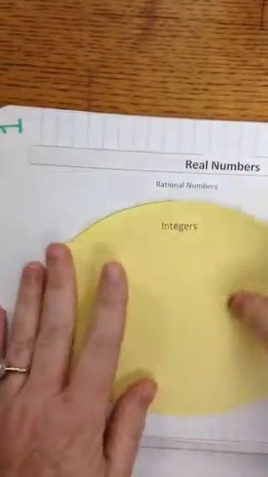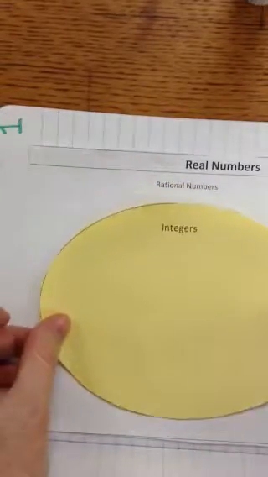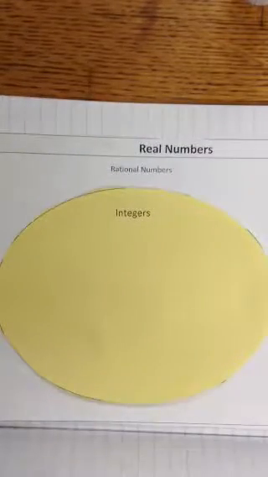So next I want you to glue down the yellow page that says integers. You worked with integers a whole lot in the 7th grade: adding, subtracting, multiplying, and dividing integers, all those rules. The next set that you're going to glue down is orange. It says whole numbers.